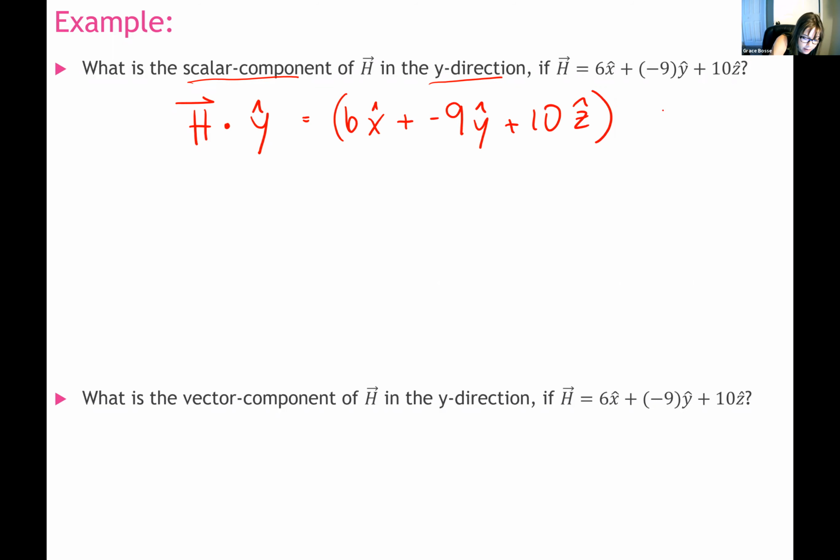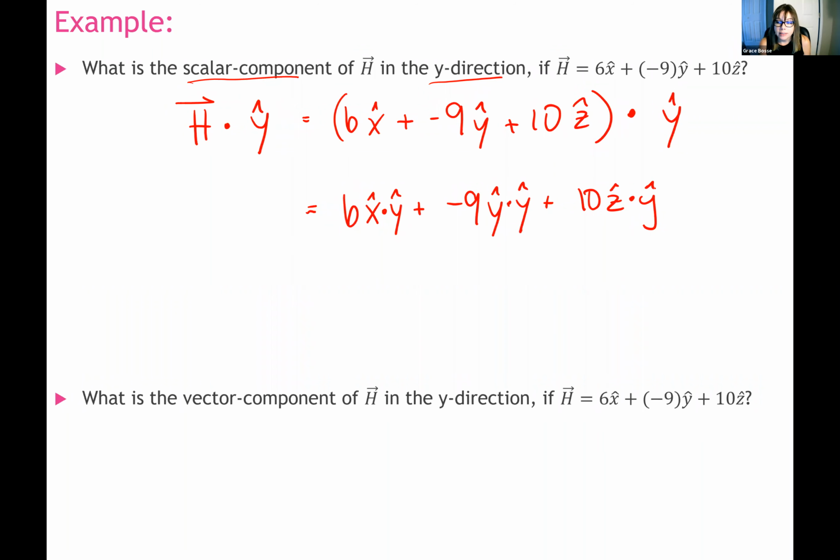And I'm going to dot all of that with y hat. So now let's distribute the dot product. You've had a lot of experience doing this. So all of those terms in the parentheses get dotted with y hat. So I get 6 x hat dot y hat plus negative 9 y hat dot y hat plus 10 z hat dot y hat.